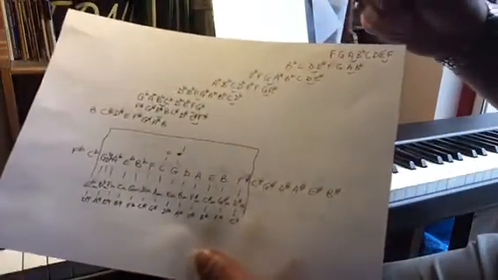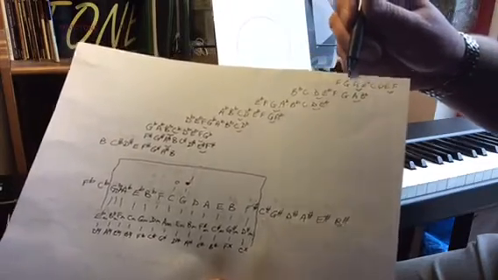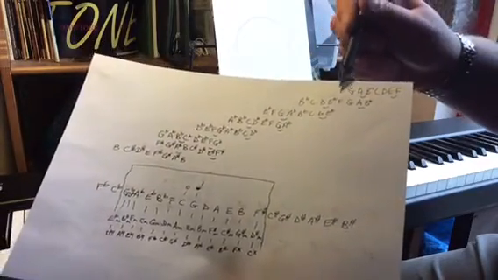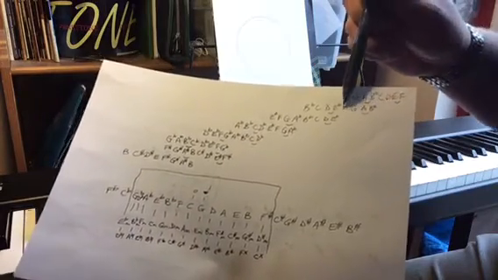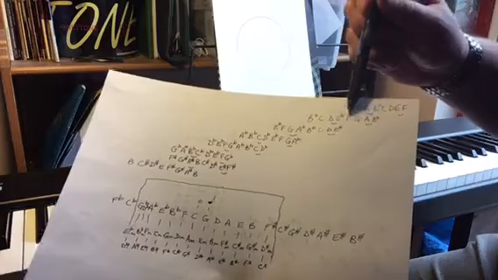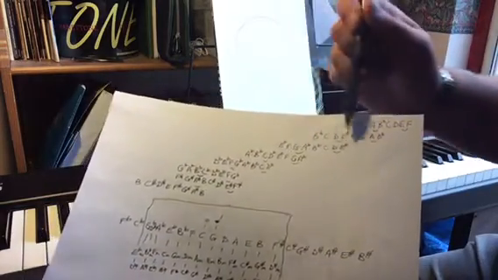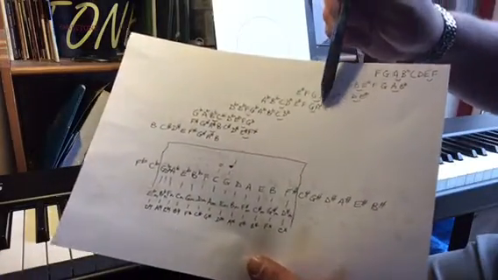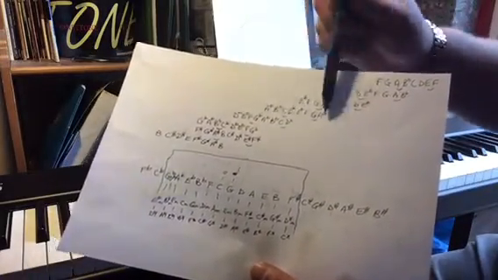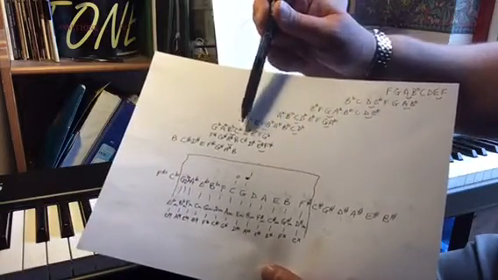There's the F major scale coming down, F, E, D, C, B flat, A, G, F. The first half of the F major scale, of course, gives us the end of the B flat major scale. The B flat major scale then gives us the E flat. The E flat major scale gives us the end of the A flat major scale, which then gives us D flat, which then gives us G flat.